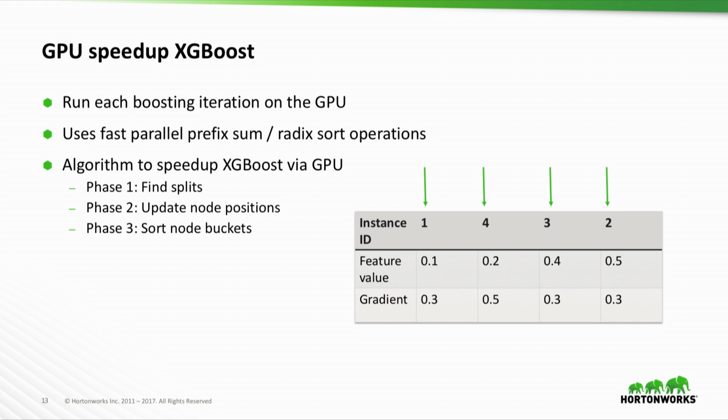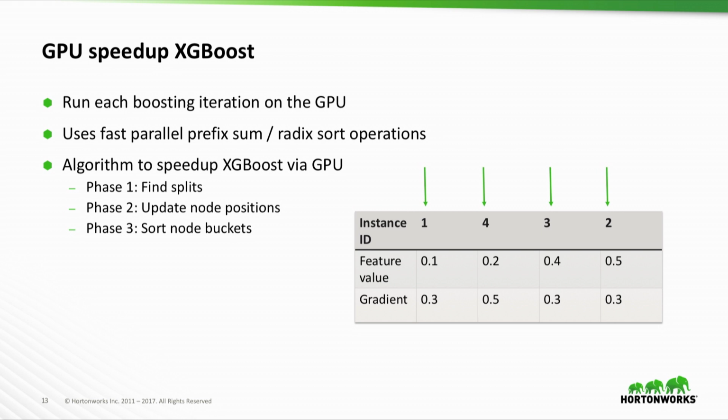What does it mean? In the original multi-thread paradigm, we find the best split for the left node using one thread, and another thread to find the best split for the right node.